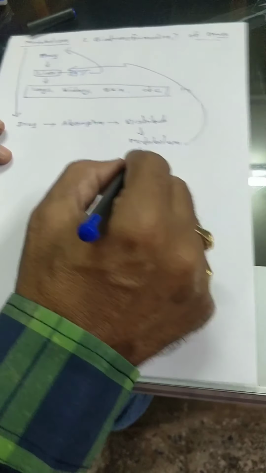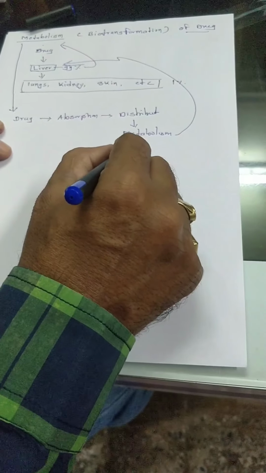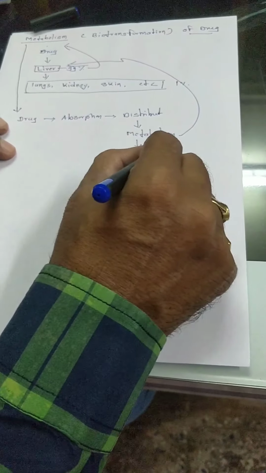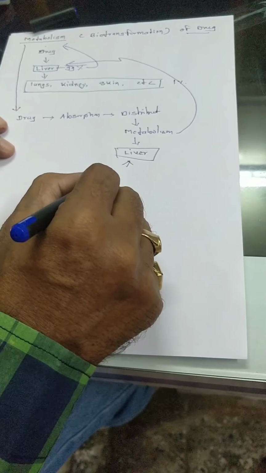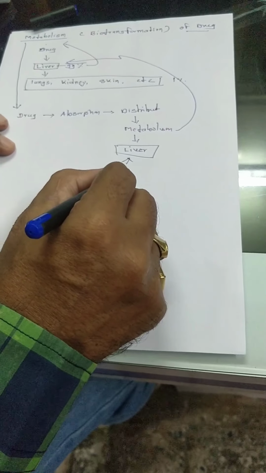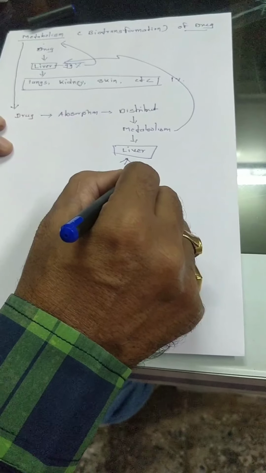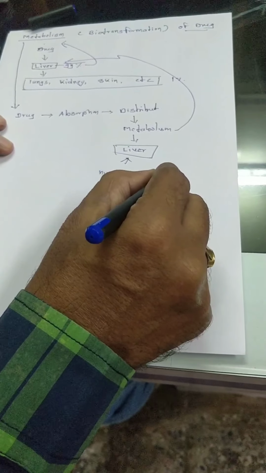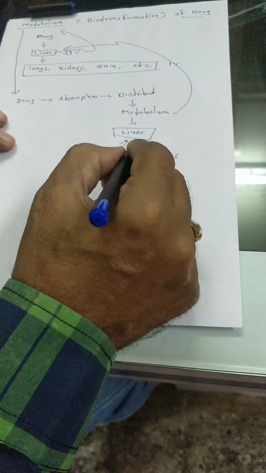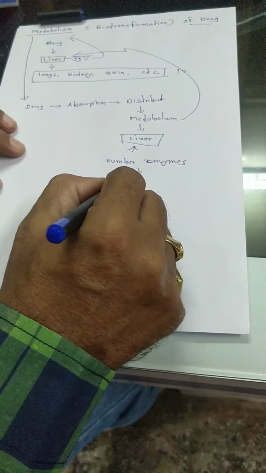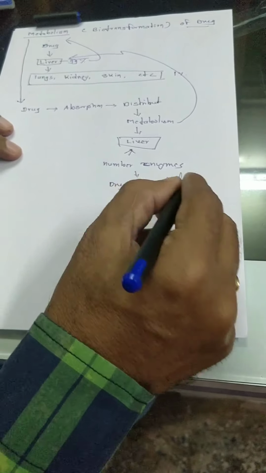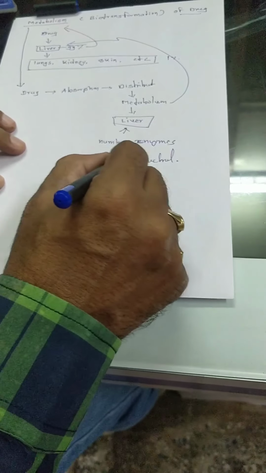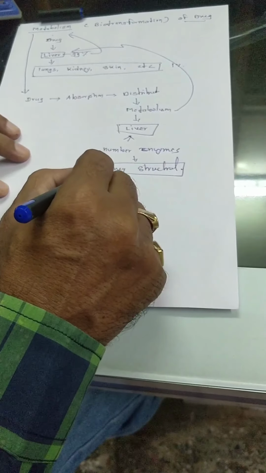What happens in the liver? In the liver, a number of enzymes act, and the drug changes its structure.